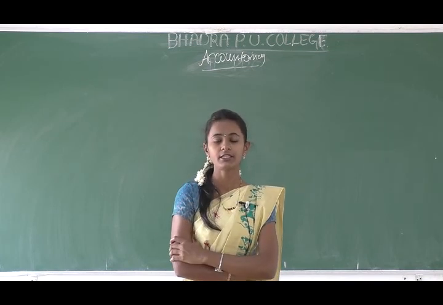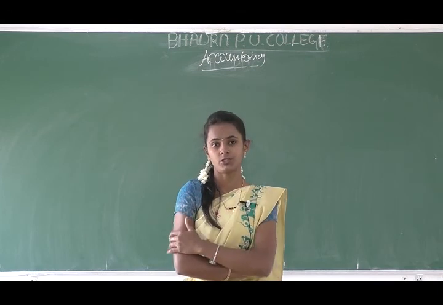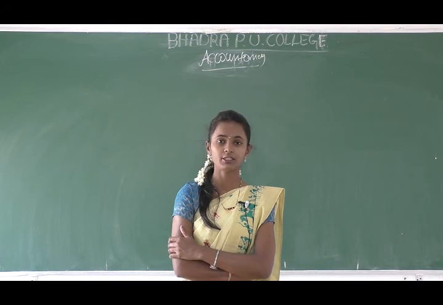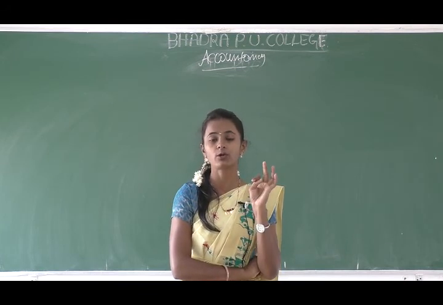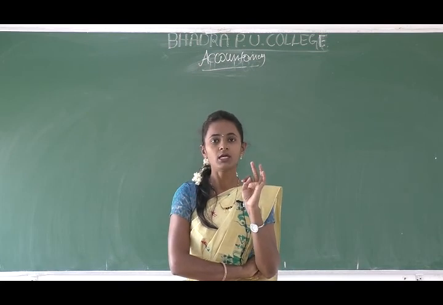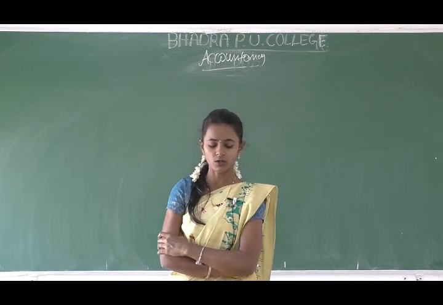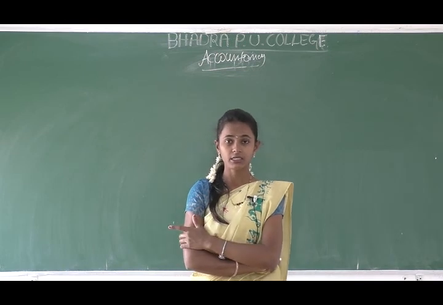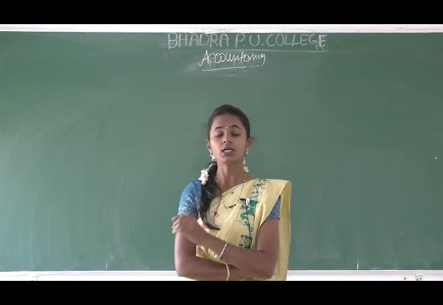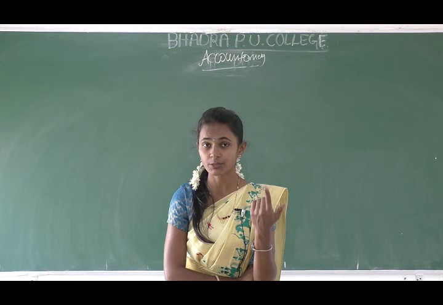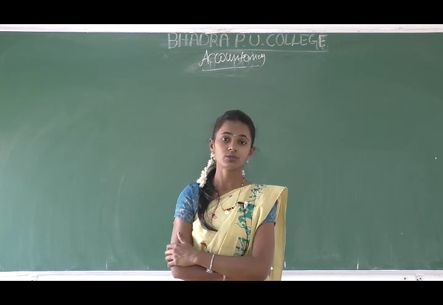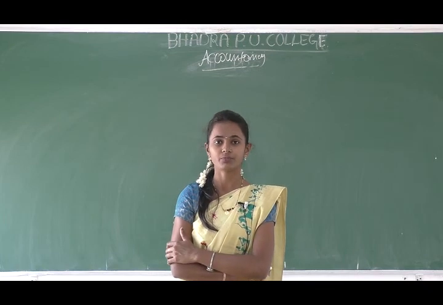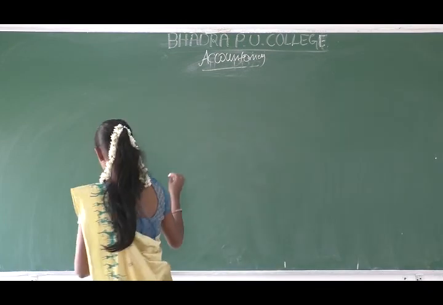So, it is the ability of a concern to meet its long term obligations. For that we need long term debt along with the shareholders fund. Before the formula, once again I will repeat the definition.